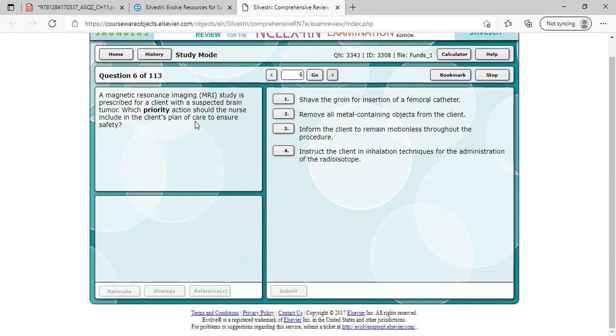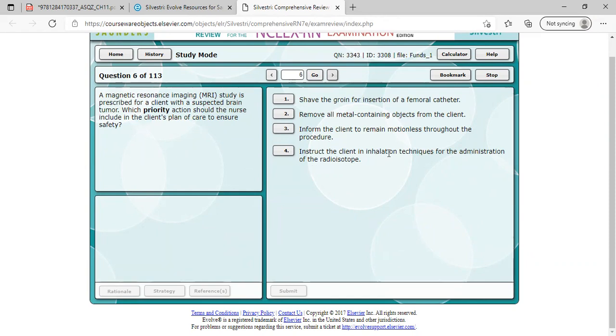When a patient needs an MRI, so first of all, here: shave the groin for insertion of the femoral catheter, and remove all metal-containing objects from the client. Inform the client to remain motionless throughout the procedure.